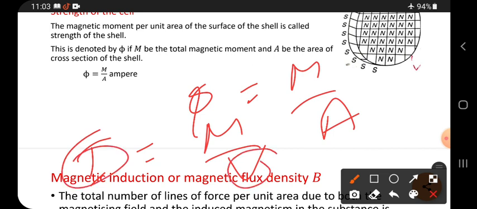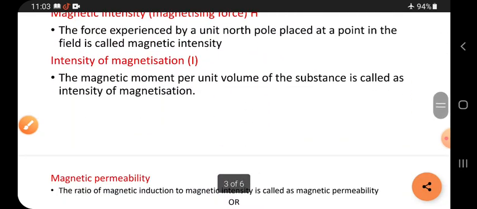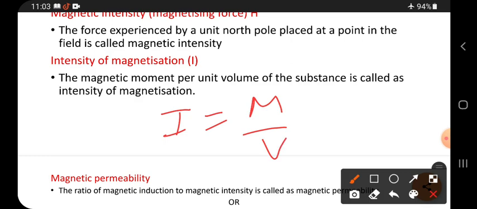Per unit area, it is pi. You must write the formula as I is equal to M by V.